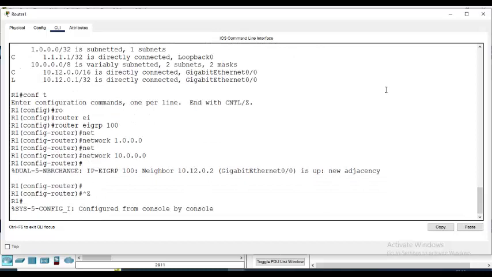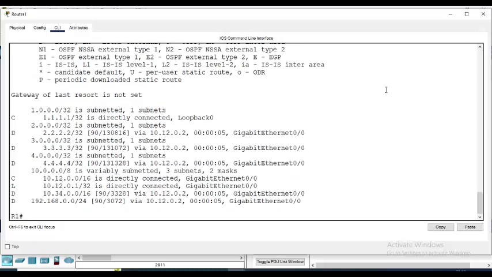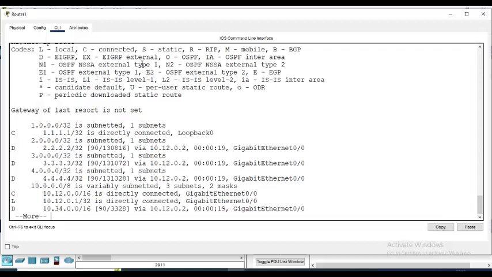If you check the routing table now, you see the routes. Dual. And you will be able to ping 4.4.4.4. What does this D mean? Very nice. Yes. So here also D is given for EIGRP because the DUAL algorithm is what EIGRP uses.